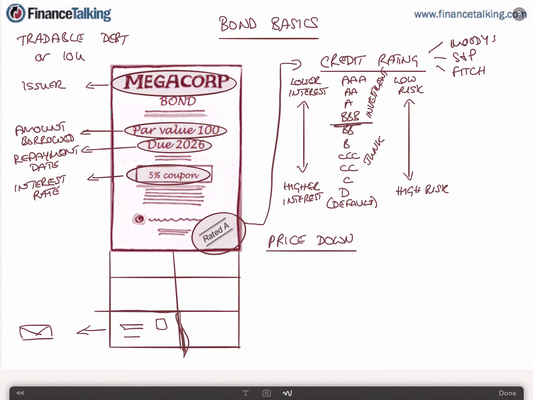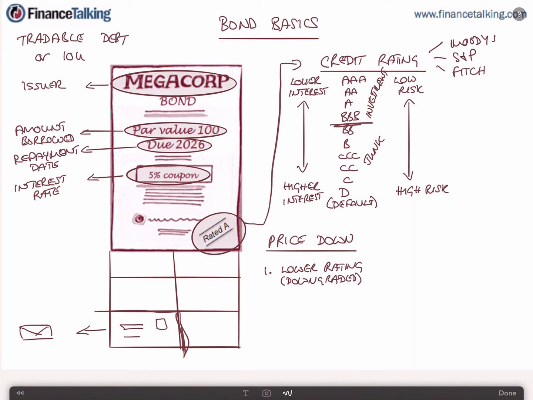So price goes down. One of the first things that will make the price go down is a lower credit rating. So if the company's credit rating is downgraded, we might say.